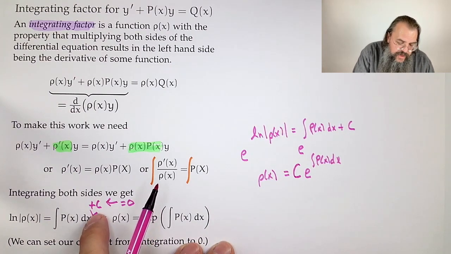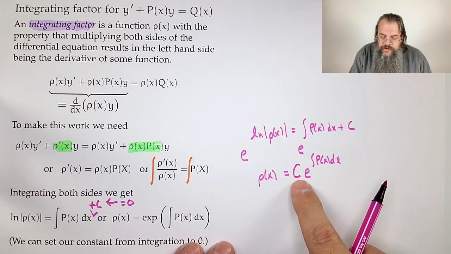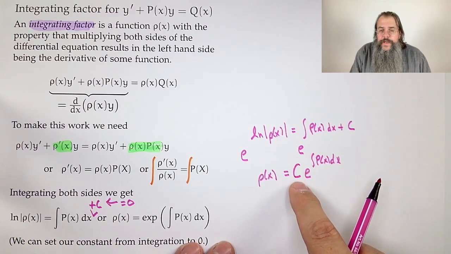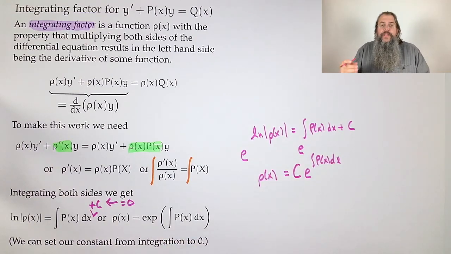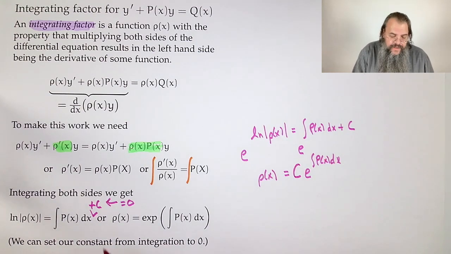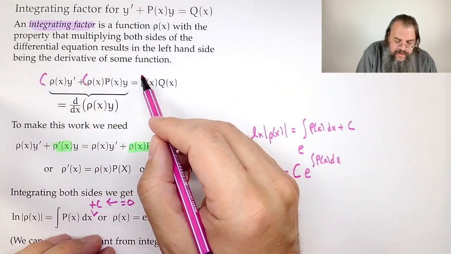So the thing is that by choosing a constant here, you essentially change your rho of x by a constant multiple. Now, why don't we care about this constant? Well, remember, it's a multiplicative factor on both sides, which means everything is getting multiplied by c. So you would have a c and a c and a c.